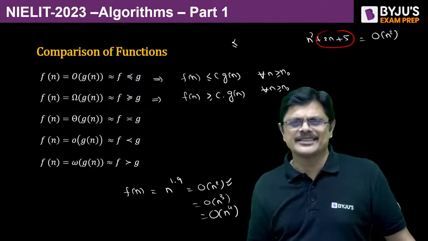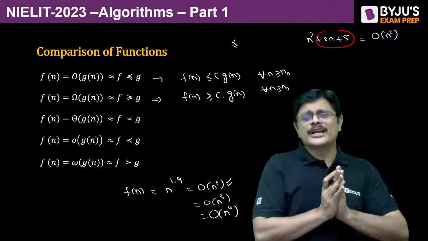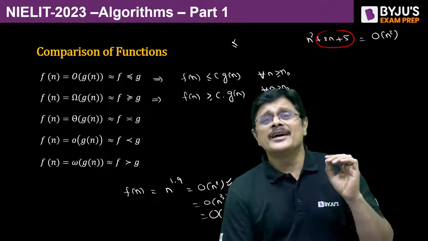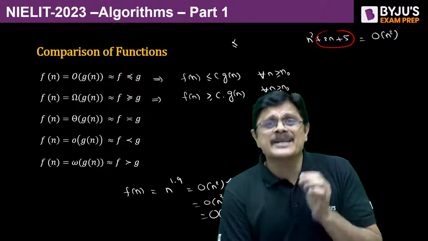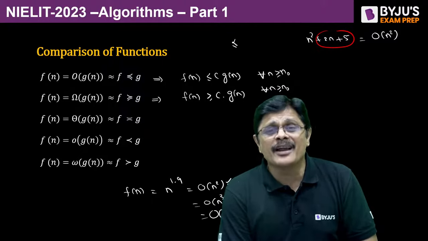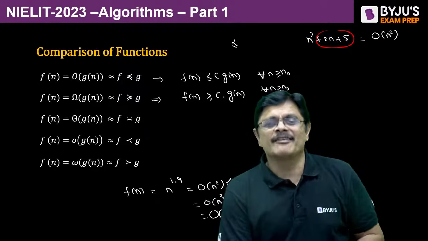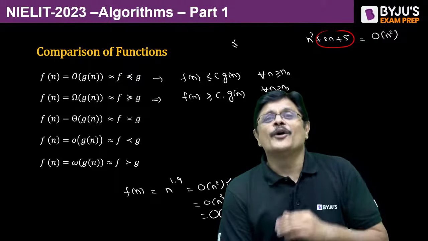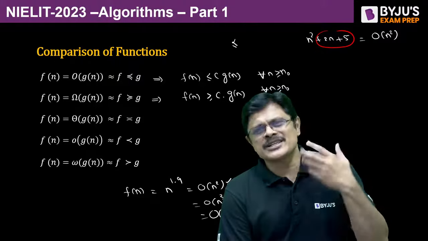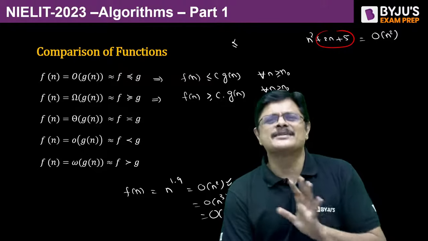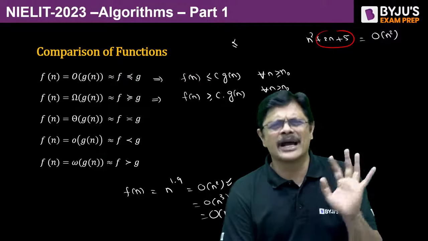The asymptotic notation is the notation used to represent time complexity for long run behavior, or large values of n. For large values of n, time complexity approaches some function. To represent that function, we use asymptotic notation. That is the simple idea.